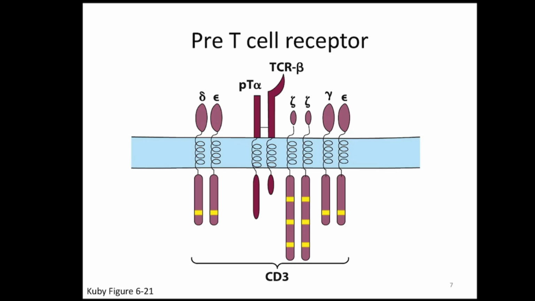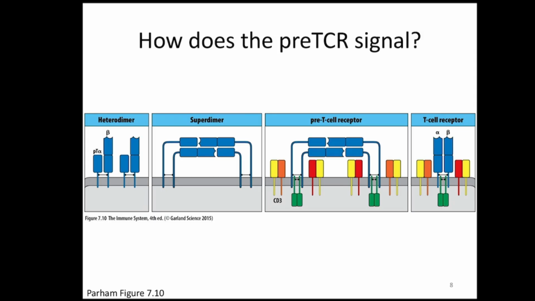Just like with the pre-B cell receptor, there is a question of how the heck do we get signaling from the pre-T cell receptor, because this thing doesn't have all its parts yet, so it can't bind antigen. It can't be specific yet for antigen. And we're pretty sure that the way that the pre-TCR signals is that two adjacent pre-TCRs can bind together.